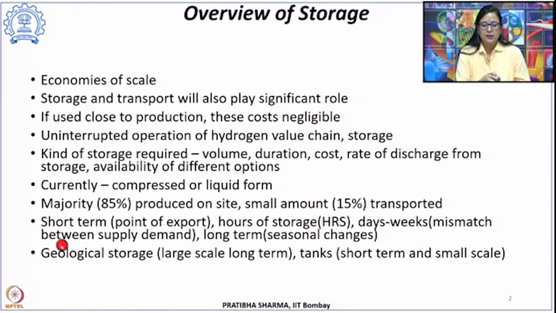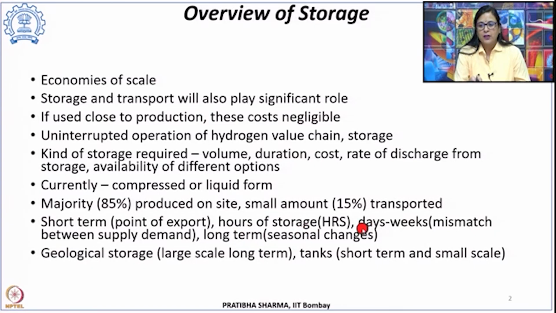For example, if we want very short term storage at the point of export, at an export port where it will be shipped further, then what we require is short term storage. However, if we want to store it for hours, a typical example could be a hydrogen refueling station for vehicle refilling, in that case we may require hours of storage.